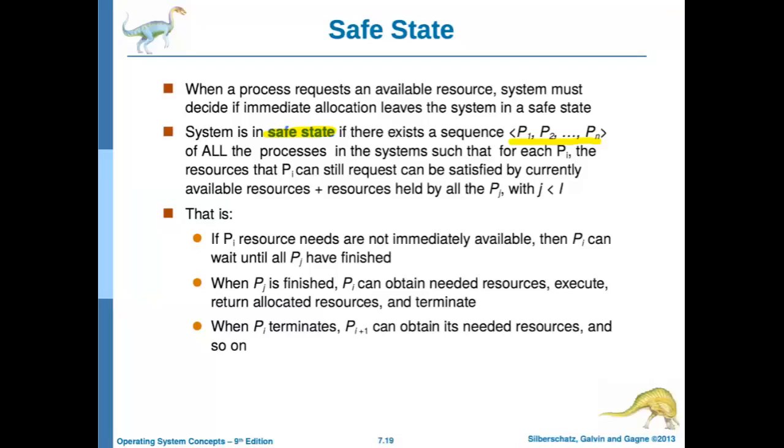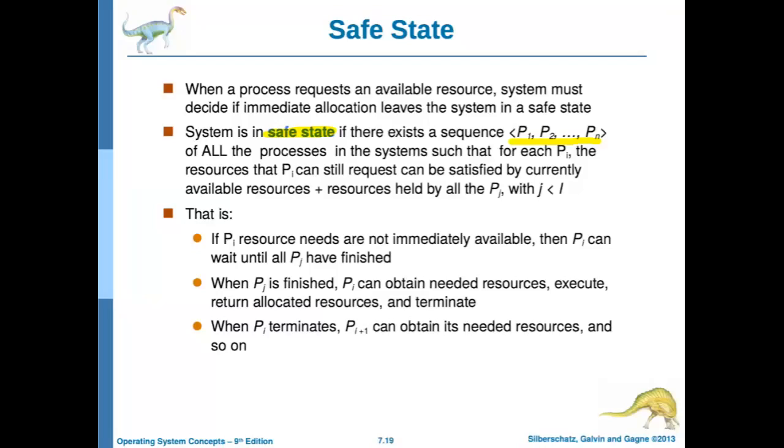The same thing is elaborated below. For example, if Pi's requested resources are not immediately available, then Pi can wait until all Pj have finished. It's very simple. For example, if the requested resource cannot be immediately available for P2, P2 has to wait for others. But there should be at least one sequence; it should not happen that everybody is waiting.